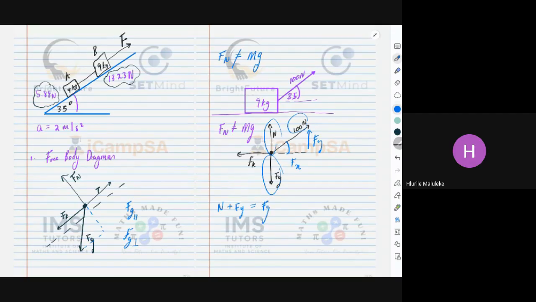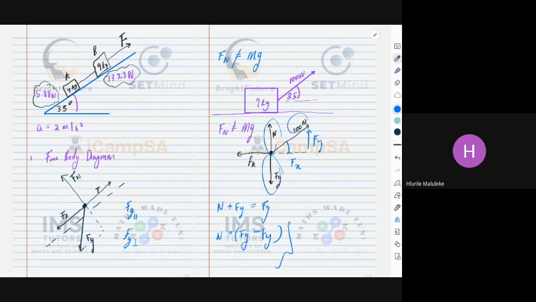The reason is that we are not having movement going up or down. This is stationary, right? But if this thing is moving like this, then it changes things. So this is how you calculate your normal force: N equals Fg minus Fy. Then this is going to be your normal force.